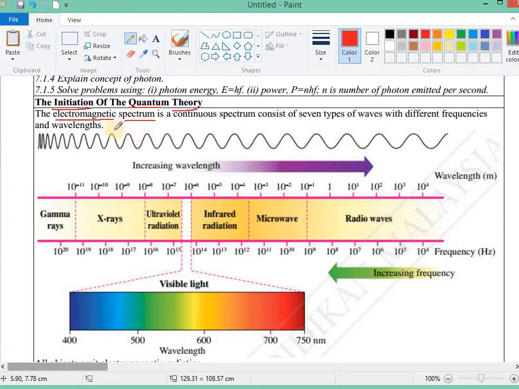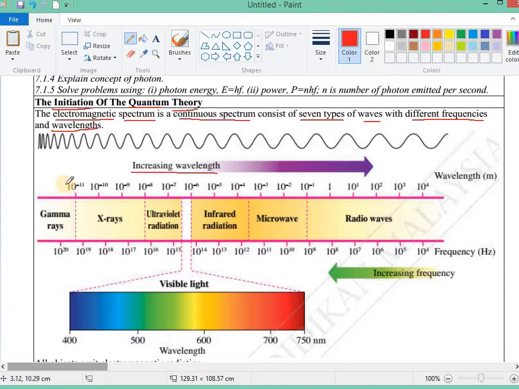Okay, so we learned that the electromagnetic spectrum is a continuous spectrum that consists of 7 types of waves with different frequency and wavelength. So the main thing here is we need to understand that as the wavelength increases, the frequency decreases.